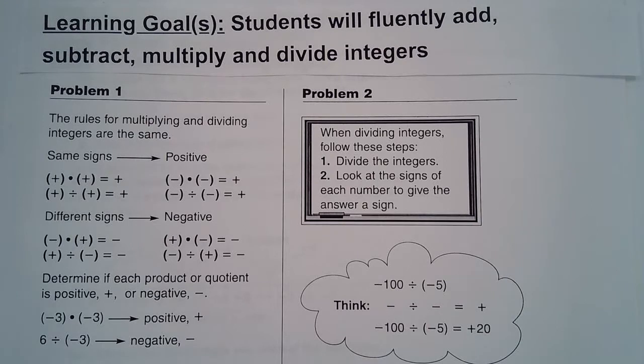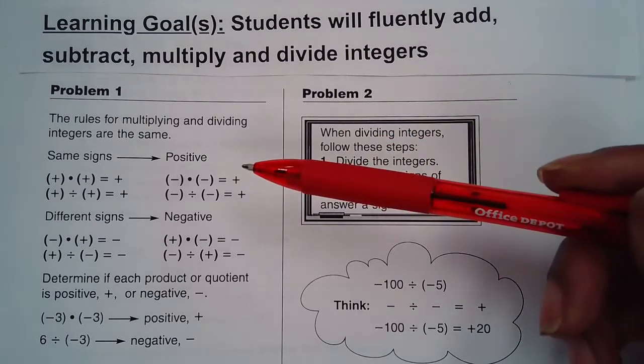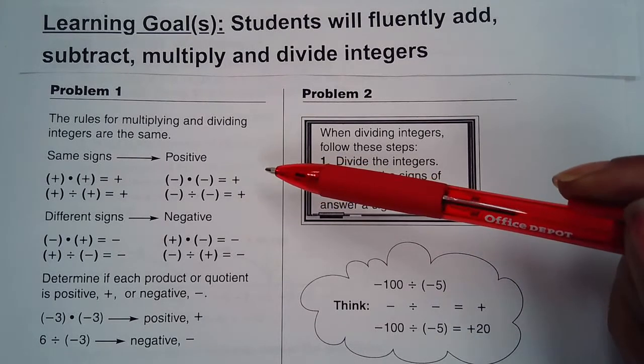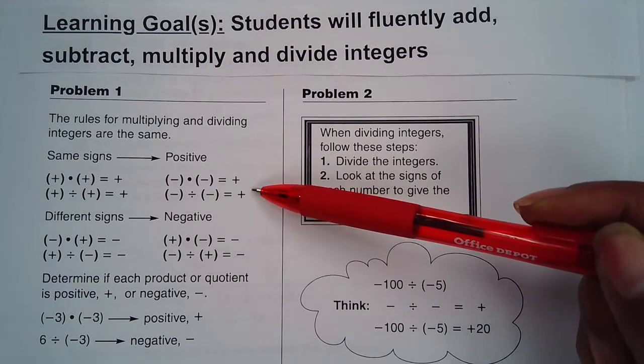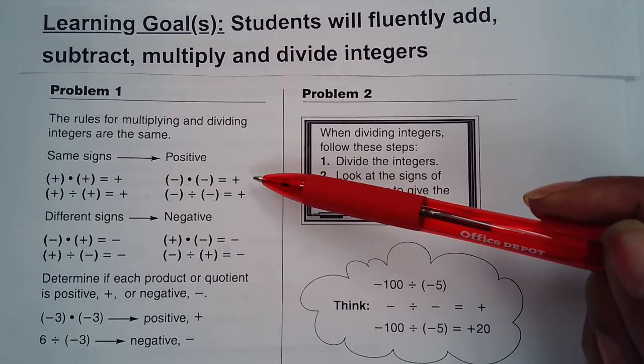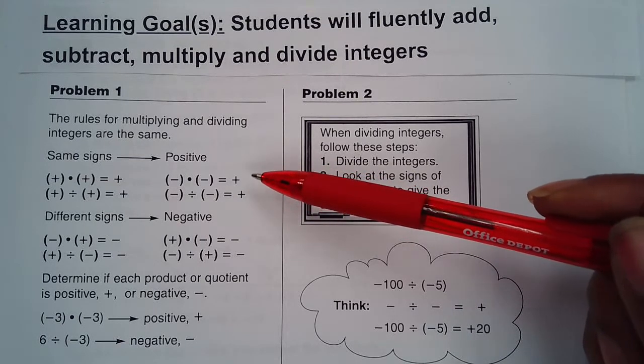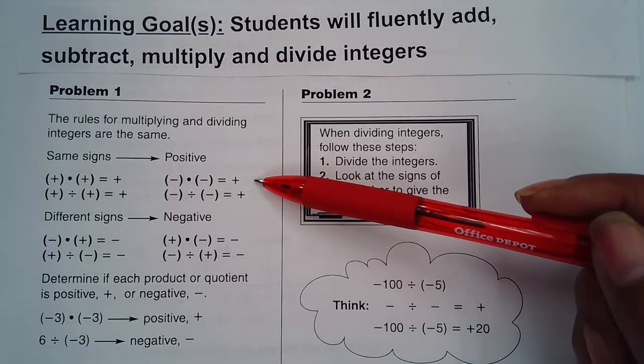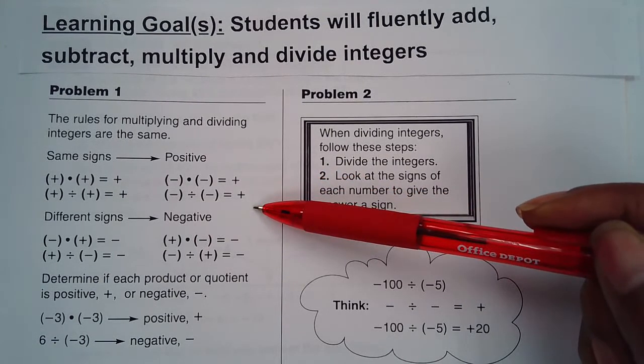So the rules for multiplying and dividing integers are: whenever you have the same signs, as you see here, and you're multiplying and or dividing, your answers are going to come out as positive answers. That's rule number one.